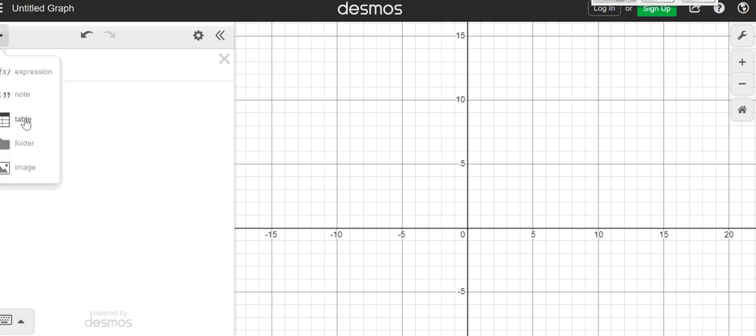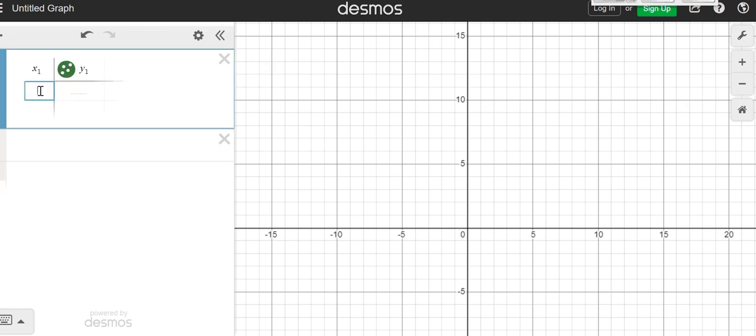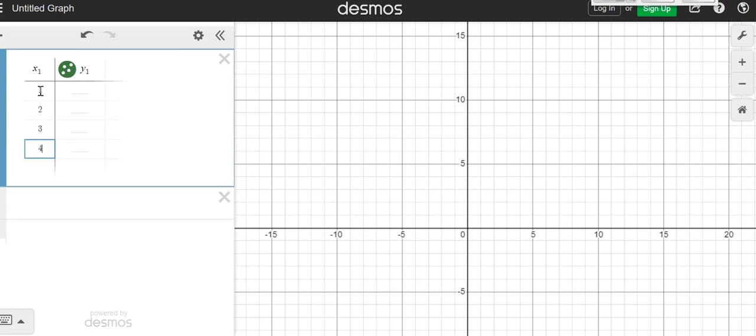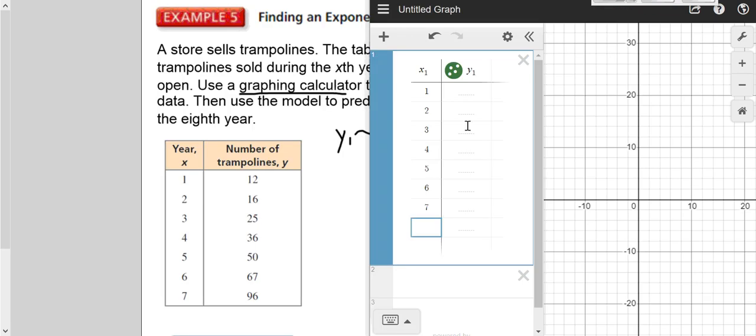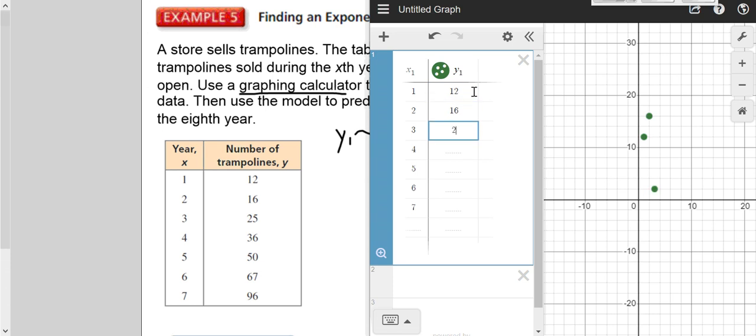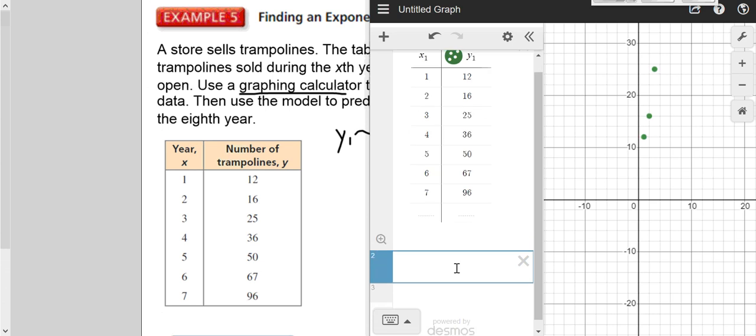Add table. Put in our other numbers. And then tell it what equation you want.